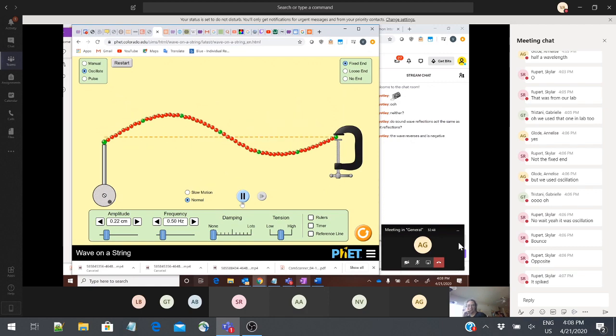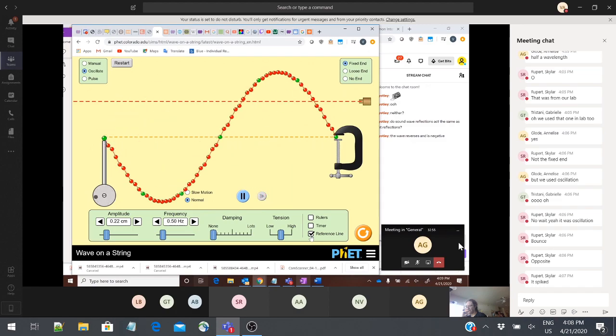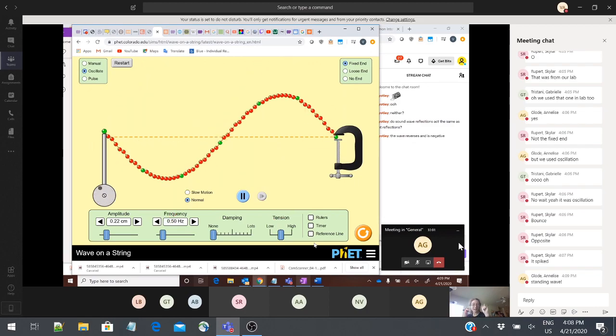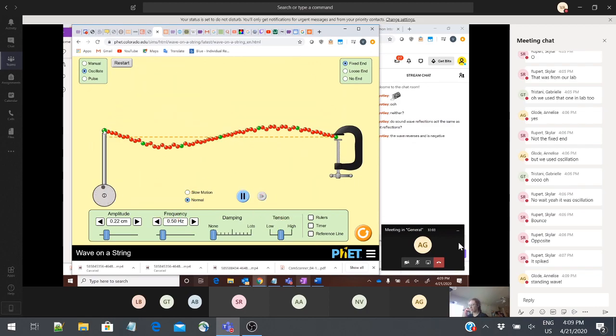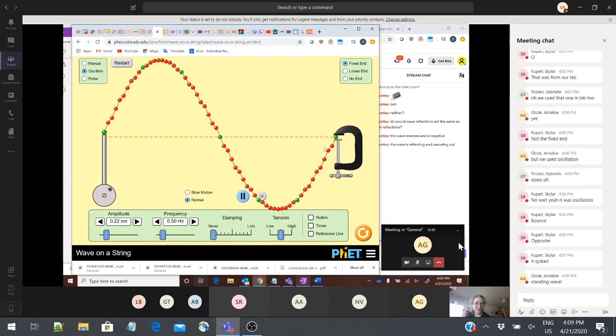What am I getting here? I get a standing wave, hooray! So I only had one source, this little wheel over here, but because it is reflecting off of a fixed end.